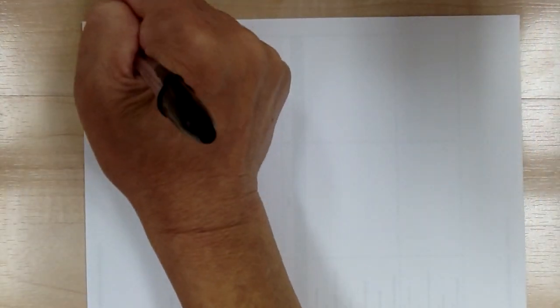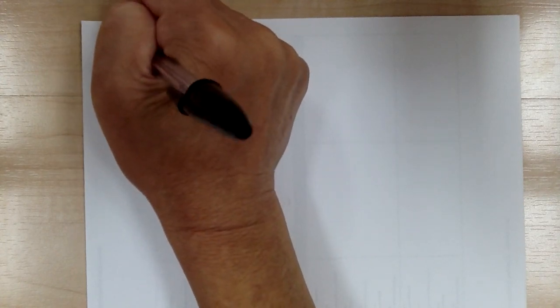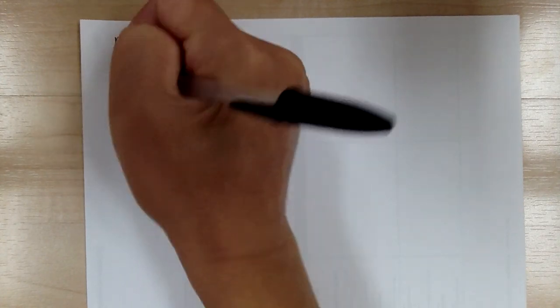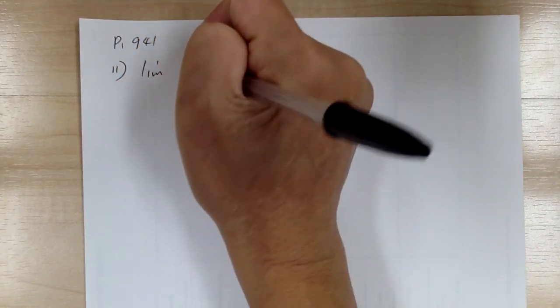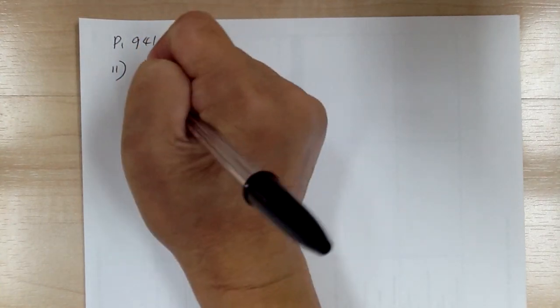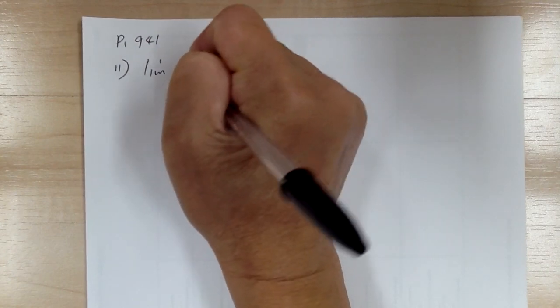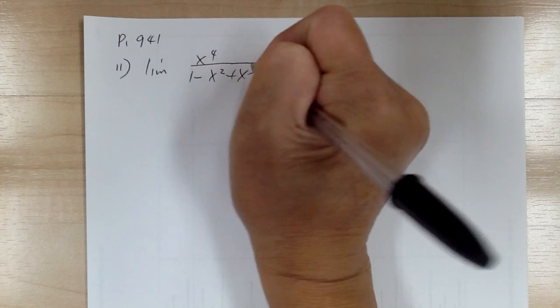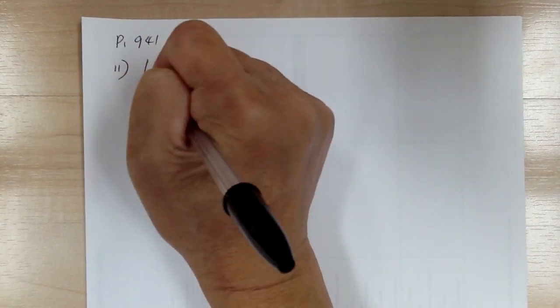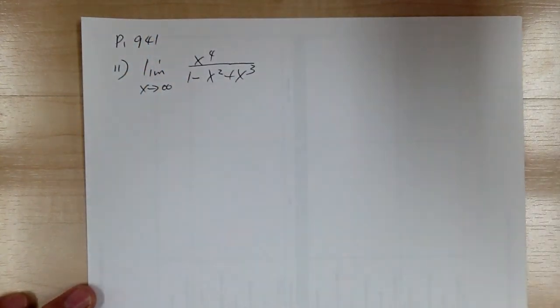Okay, let's go to number 11. You have the limit of x over 4 over 1 minus x squared plus x over 3, as x approaches infinity.